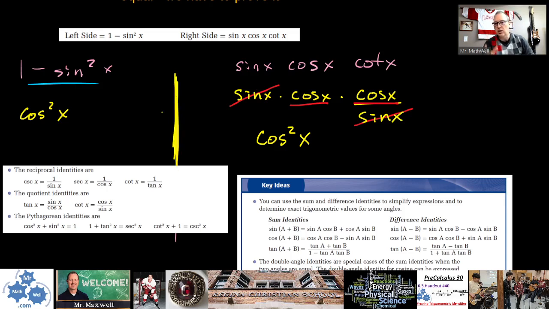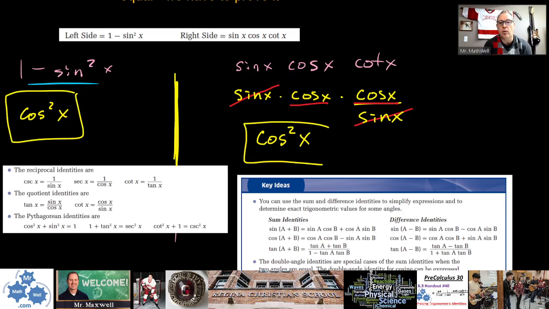That reminds me, and it should remind you, that you're not going to be adding or subtracting things to both sides. Like I can't do this, plus 1, because right now I'm treating them as equal. And you can't treat them as equal. You have to show that they're equal. Make sense? So I have transformed each side into looking like something slightly different, but they're looking like each other now.